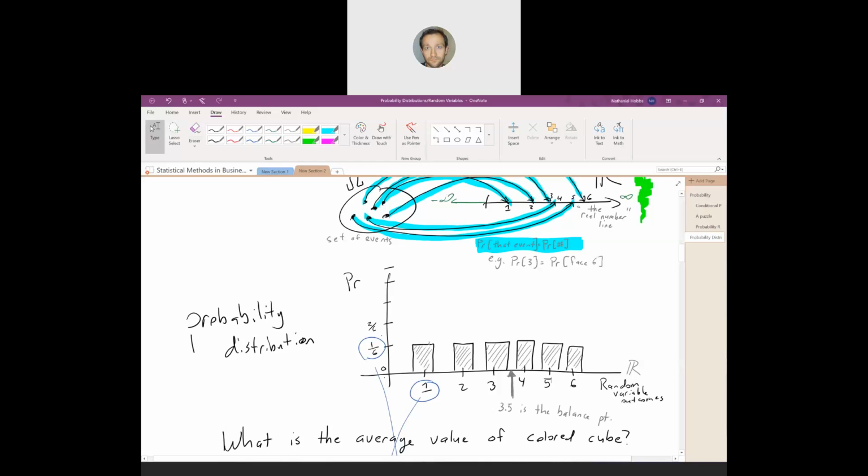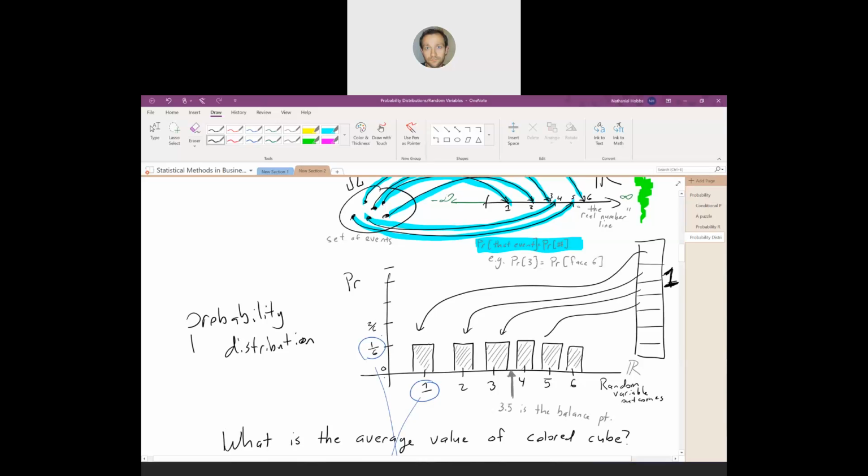And if you view this type of graph as taking something that had a size of 1, because probability spaces, if this whole thing is a mass of 1, probability spaces chop this up into blocks of area where, because there are 6 outcomes, they all take up equal amounts of area.